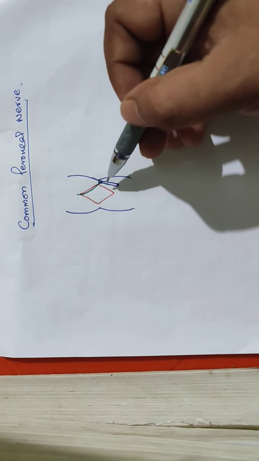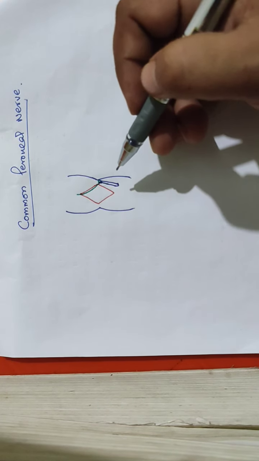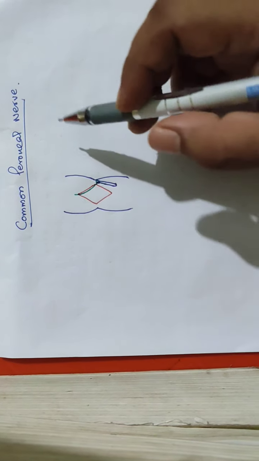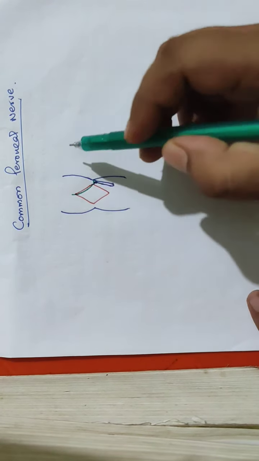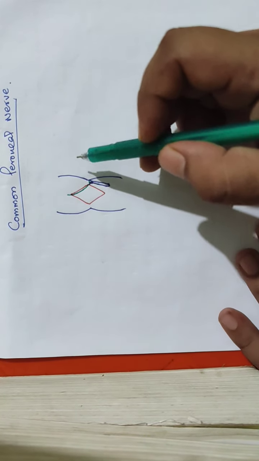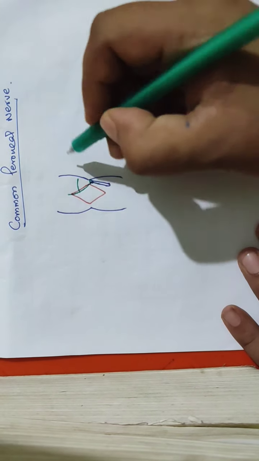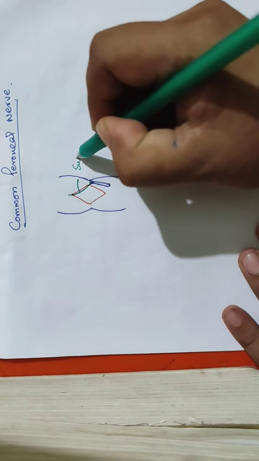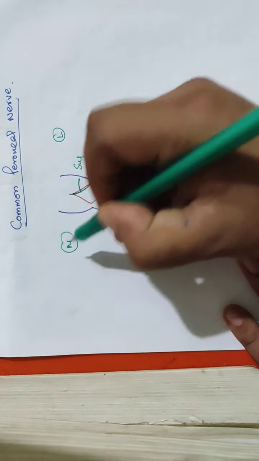But before dividing into the two parts, it gives three genicular branches, like this way. Here the knee joint is present, and all three genicular branches supply the knee joint. The first one is the superior lateral genicular nerve. This is the lateral side, this is the medial.